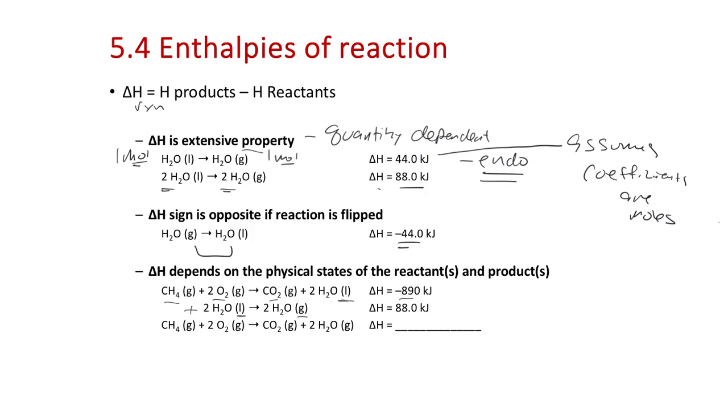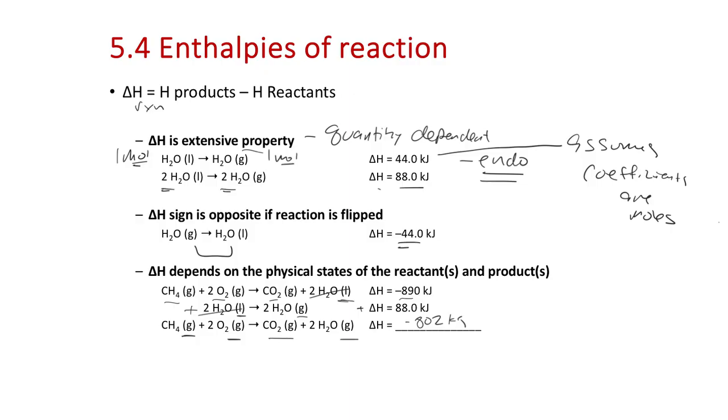If I add these 2 reactions up, then my liquid water is on both sides. So if I add the reactions up, I can simply sum up their delta H's. And so that'll be minus 802 kJ for the reaction of methane plus 2 oxygens going to CO2 plus 2 water, but now gaseous water.